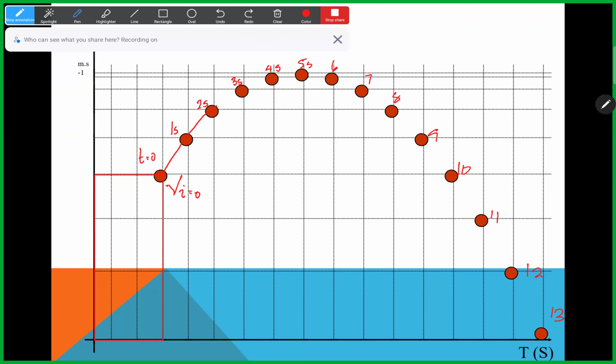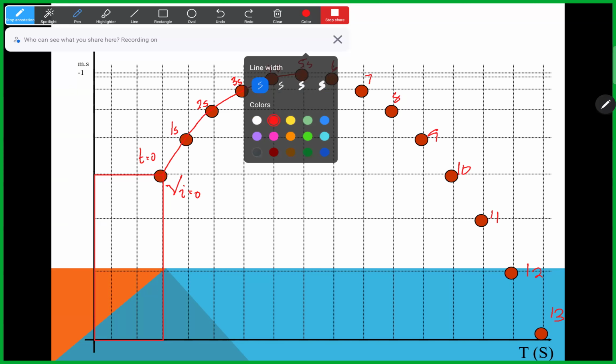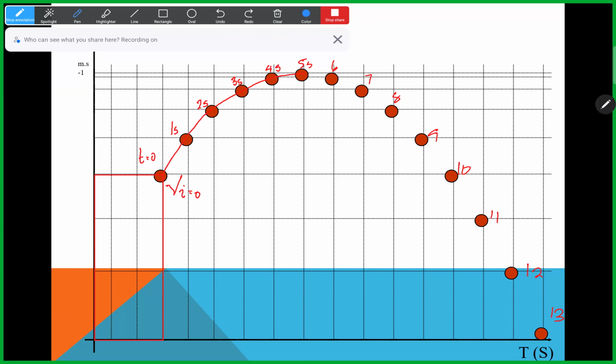So all these velocities from 0 to 5 seconds are going to be pointing upwards. All the velocities after 5 seconds, because the object is coming down, are going to be negative.